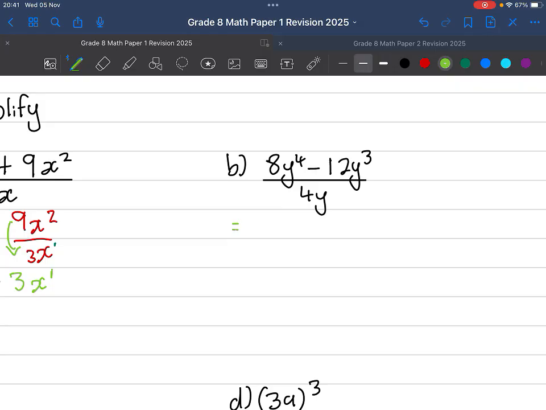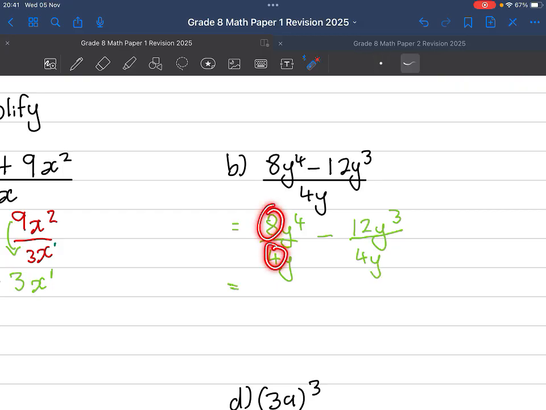Right, let's split the fraction. 8y to the power 4 over 4y minus 12y to the power 3 over 4y. 8 divided by 4 is 2, y to the 4 divided by y to the 1. You subtract the exponents, 4 minus 1 is 3.